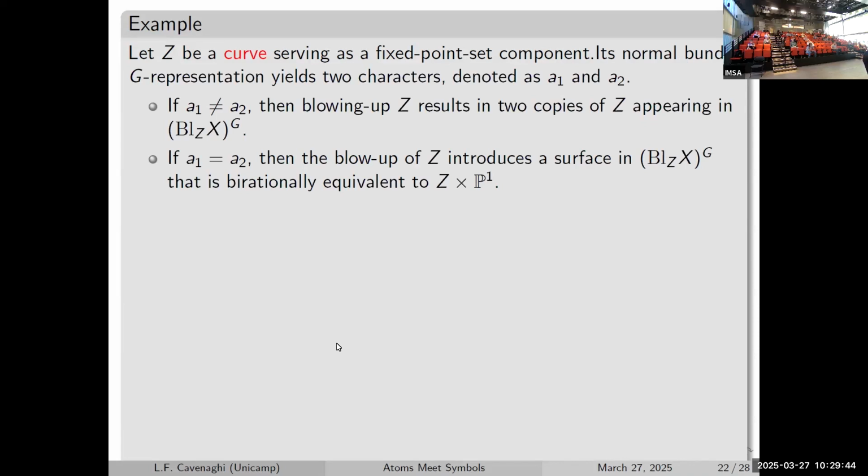So, the blow-up results in two copies of Z appearing, because you have the original Z and the one coming from the projectivization. If they are equal, what we introduce as a new fixed component in the blow-up is something that is birationally equivalent to your curve Z times P1.